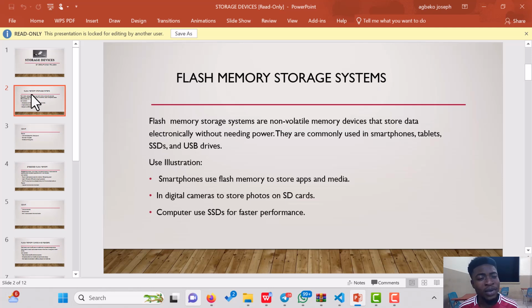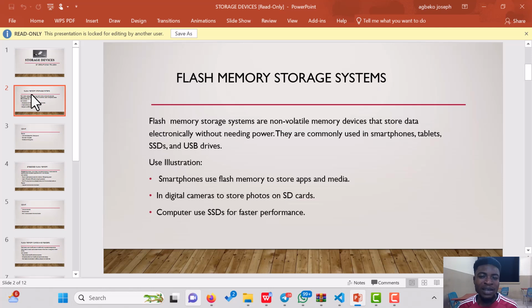You can write on the whiteboard, you can also erase it, and whatever has been written on the whiteboard stays there. Even when you turn off the lights in the room, nothing changes. The same applies to flash memory systems, non-volatile memory. That is what it means.